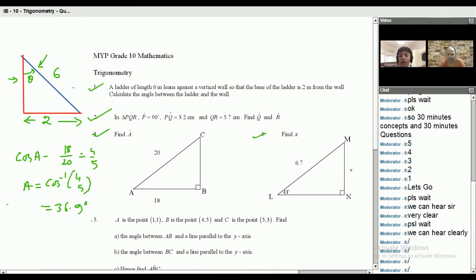Okay. So it'll be opposite upon hypotenuse. So sine 43 is equal to x upon 6.7.